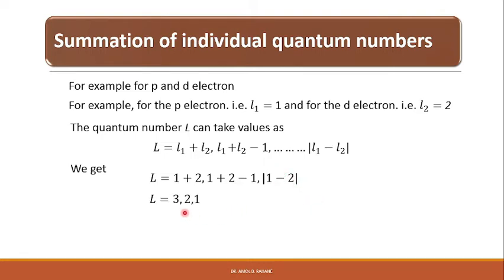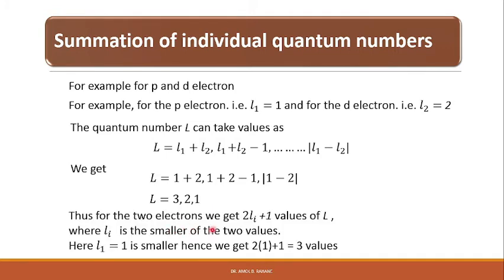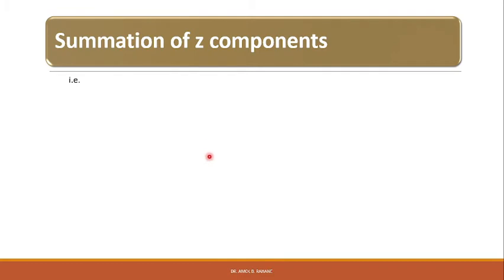So we get three values as 3, 2, 1 for L, and thus for the two electrons we get twice Li plus 1 values of L, where Li is the smaller of the two values. Here L1 is equal to 1 is the smaller, hence we get 2 into 1 plus 1 equal to 3 values of L.